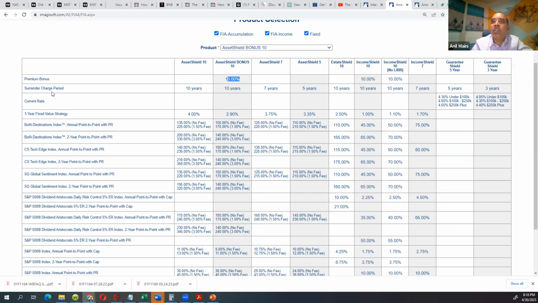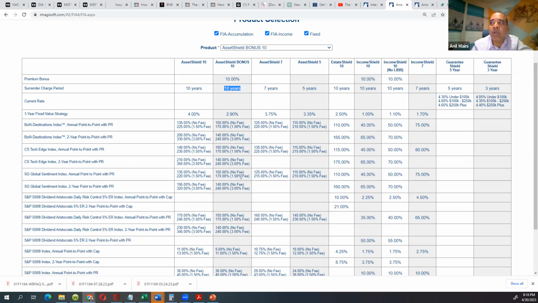The surrender charge period is 10 years. We were discussing the surrender charge last session also, that these surrender charges will go down. A 10-year product is available, a 7-year product is available, a 5-year product is available. It is always advisable to go for the 10 years because 10 years will have the maximum participation rate.